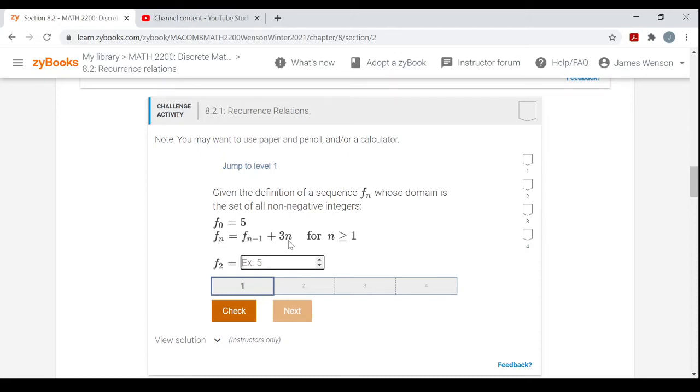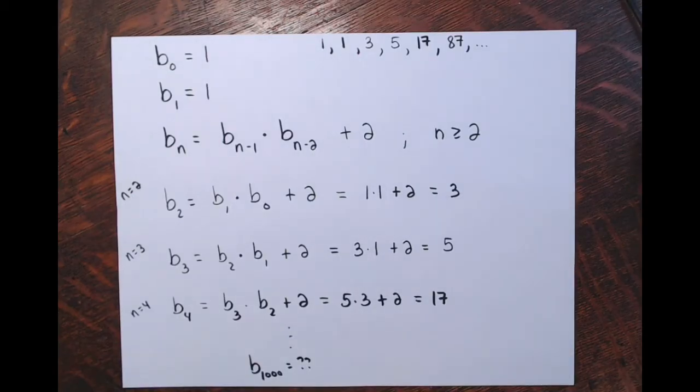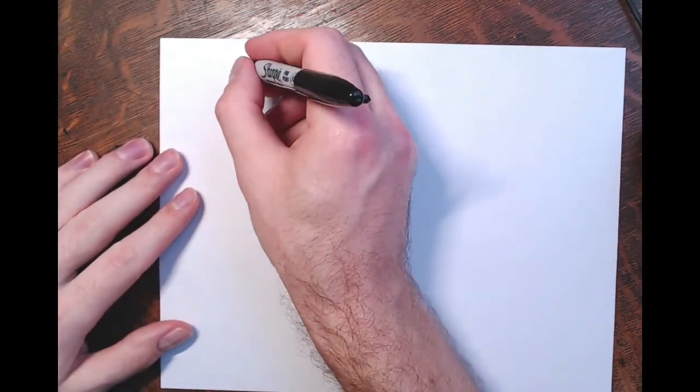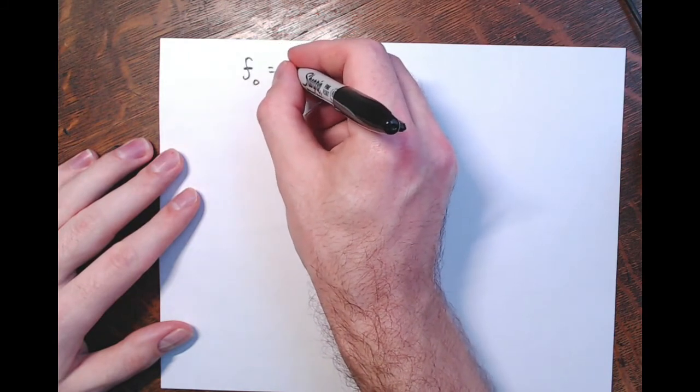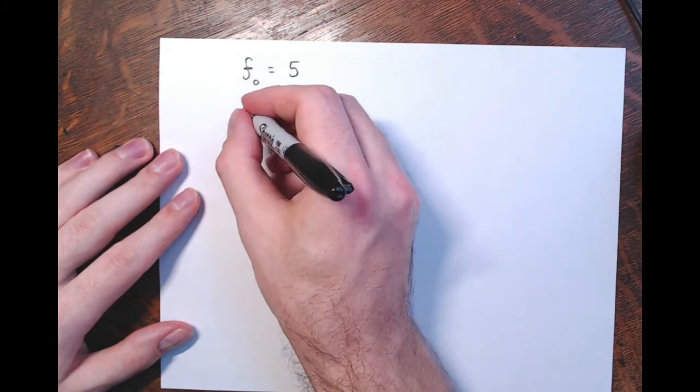So again, I'll write this out on paper and look at the first several terms of the sequence. Here we have f sub 0, f of 0 is 5.